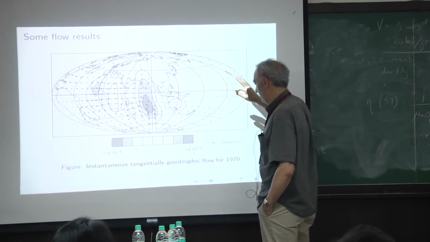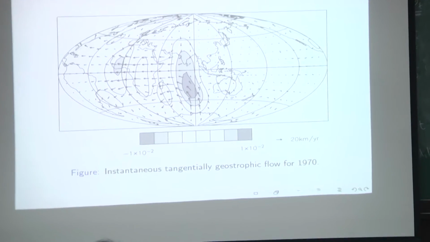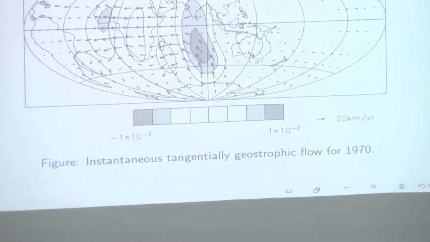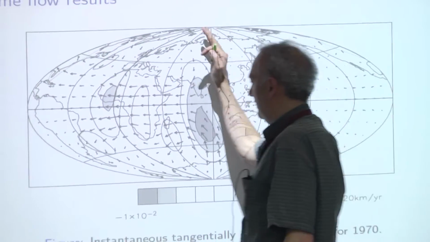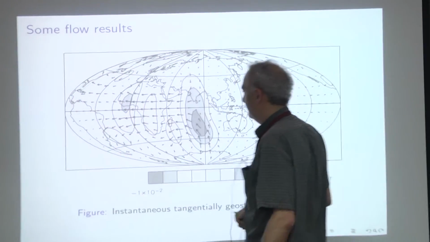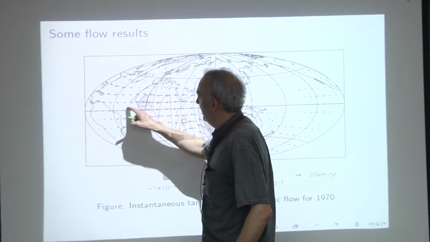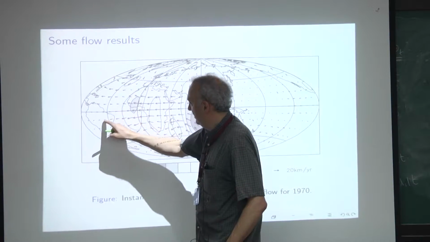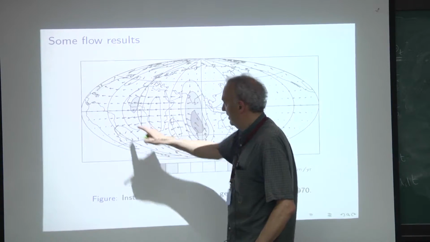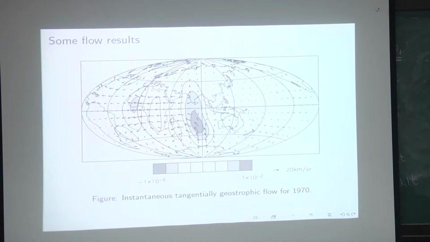So here's an example of a tangentially geostrophic flow for 1970. This is the Pacific hemisphere here. This is the Atlantic hemisphere here. And you can see that we've got this strong flow heading across Africa and then sort of returning down along the South American coast.